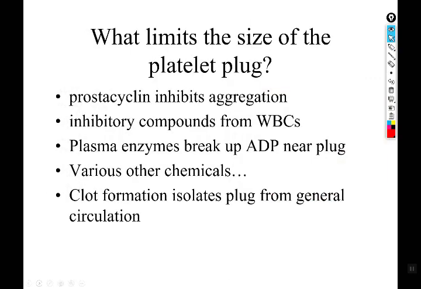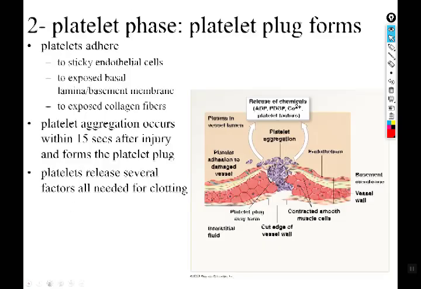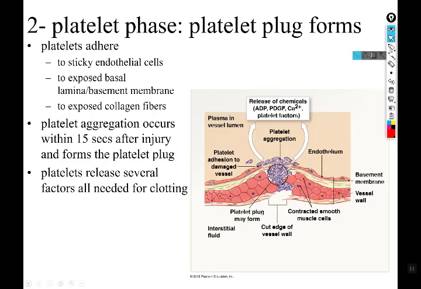So, here's the deal. There is a Goldilocks size of platelet plug. The platelet plug formation is a little bit of a positive feedback loop, such that one platelet sticking increases the likelihood of more platelets sticking.